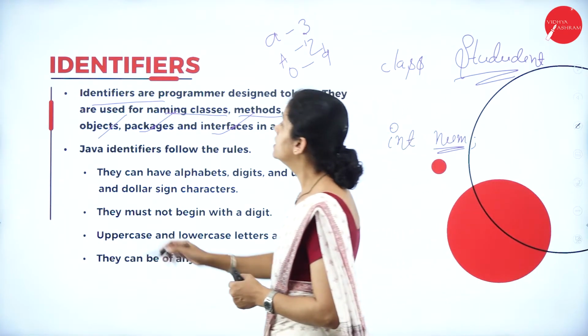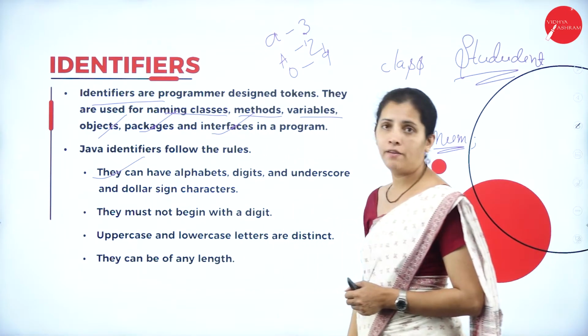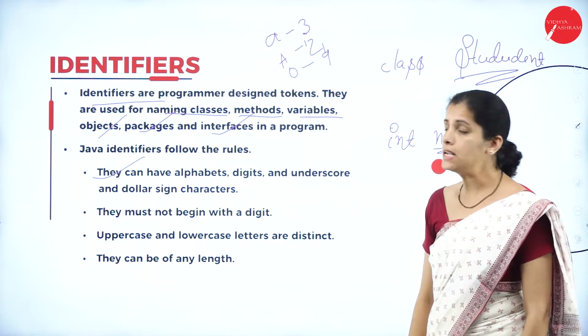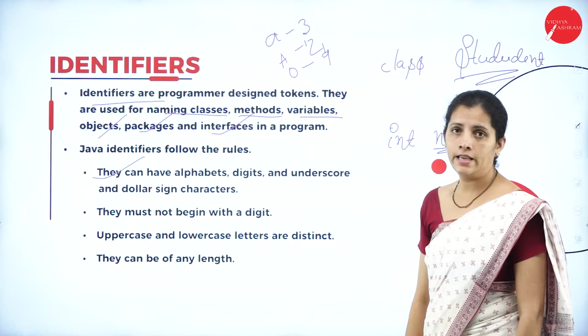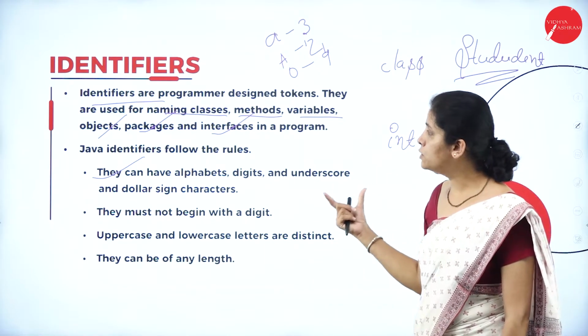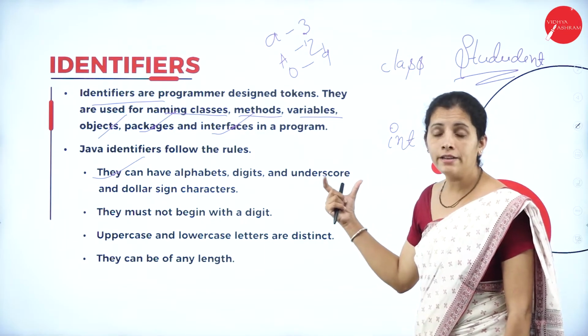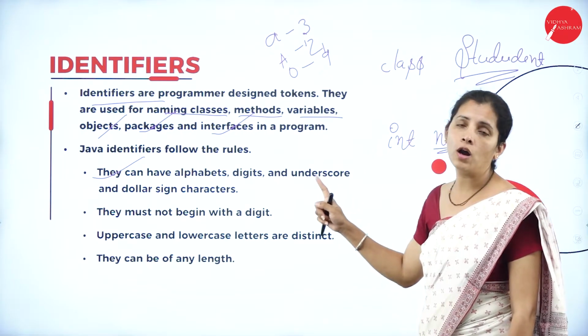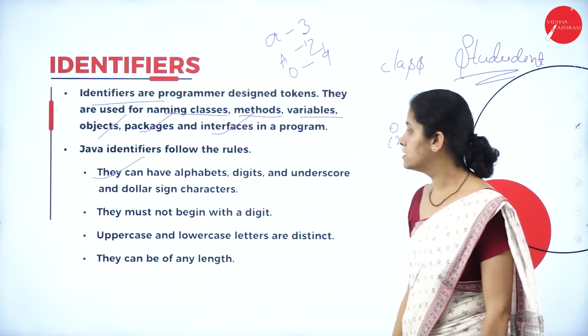So here they can have alphabets, digits, underscore as well as dollar sign. That means I can start my identifier name with the underscore symbol or the dollar sign.